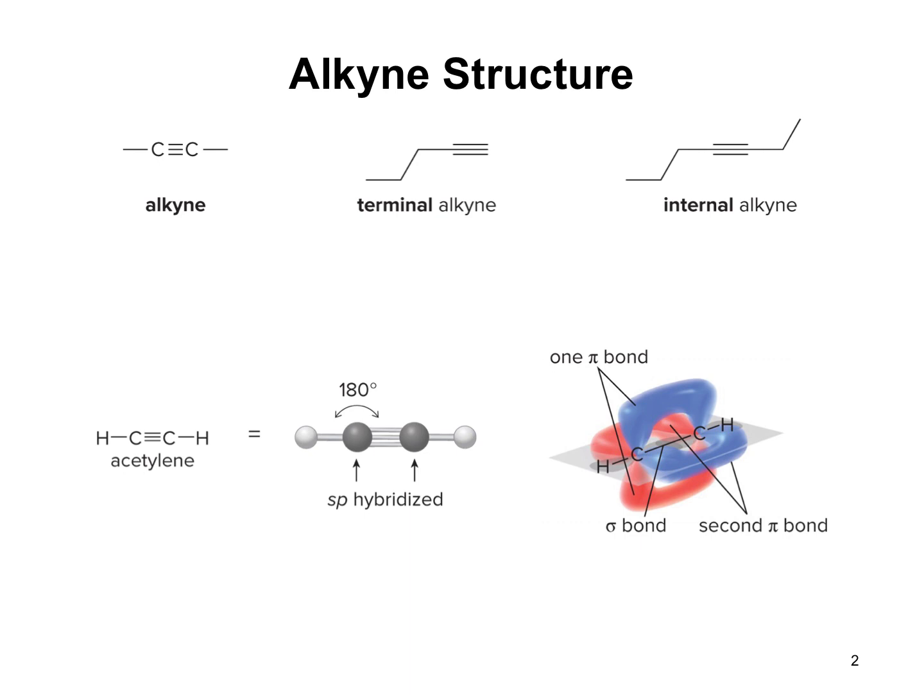Now, let's review alkyne structure. We talked about this a little bit, but I just want to refresh. Alkynes contain a carbon-carbon triple bond, and these are going to have the general molecular formula CnH2n-2. These have 4 fewer hydrogens than the maximum possible for the number of carbons present.